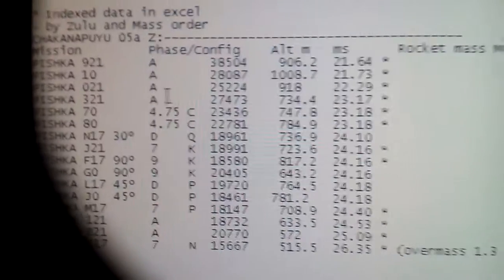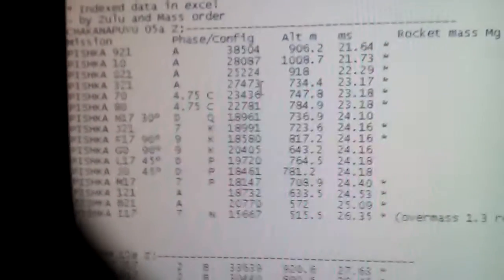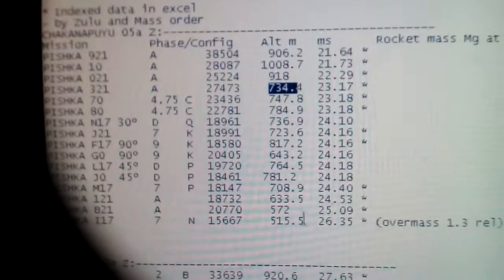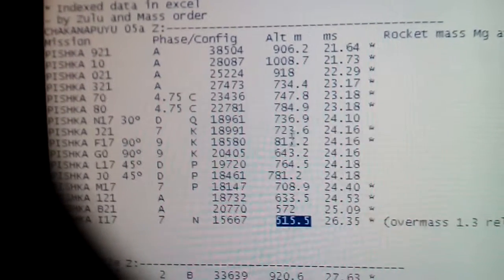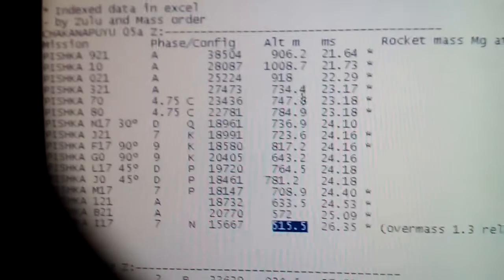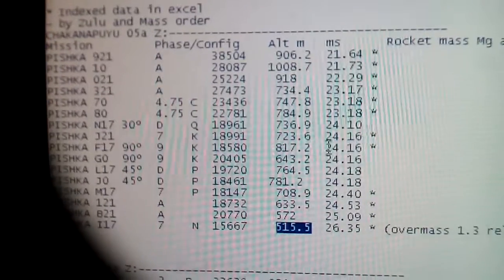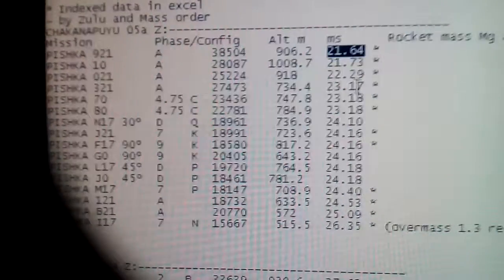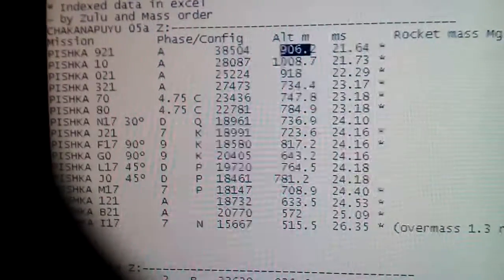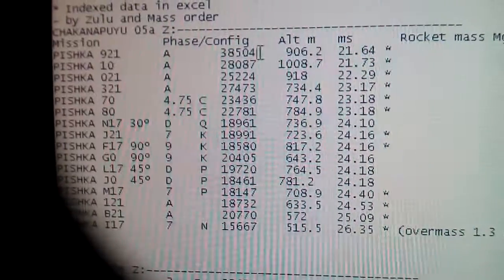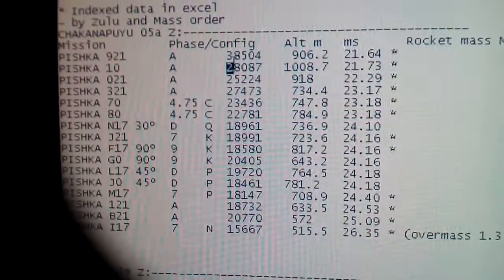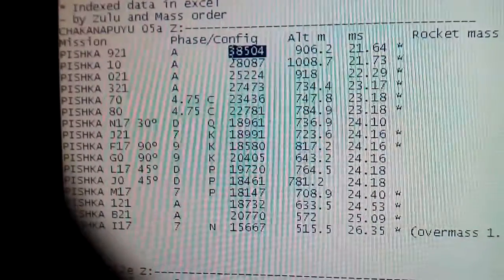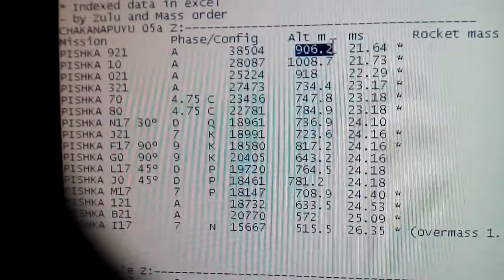This is the configuration of the first stage, to know the exact velocity at the moment of separation, to make calculations to reach the orbit with exactitude. This is the mass of the rocket at takeoff, the altitude of the rocket separation in meters, and this is the velocity.